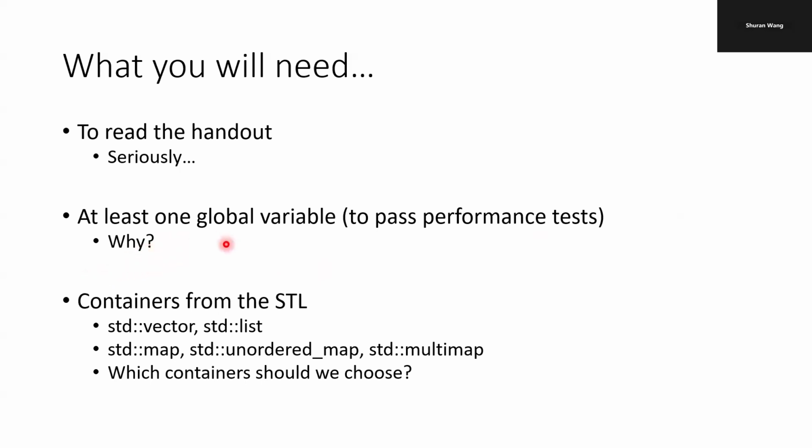Does anyone have an idea on why? We'll be going through why in our example in this tutorial, if you don't have an idea yet. For your global variable, you should be choosing from the containers from the STL on which container to use.